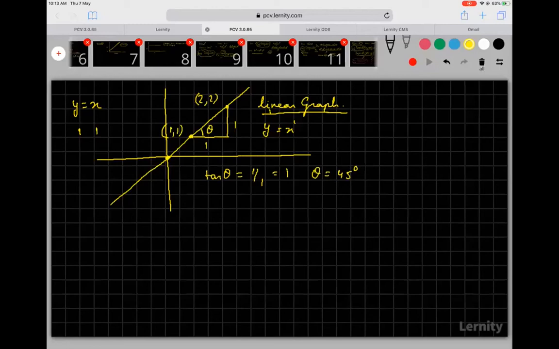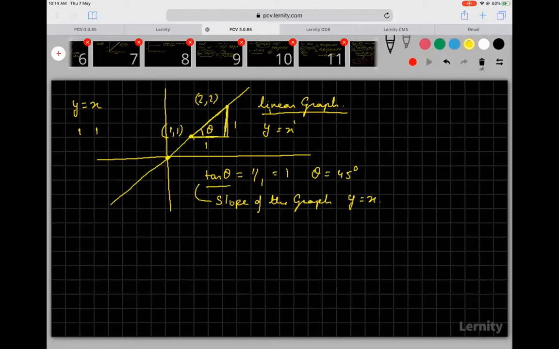So when I differentiated this, can I say this tan theta will give you the slope of the graph y is equal to x? Slope is how slopey it is. So it is tan theta.